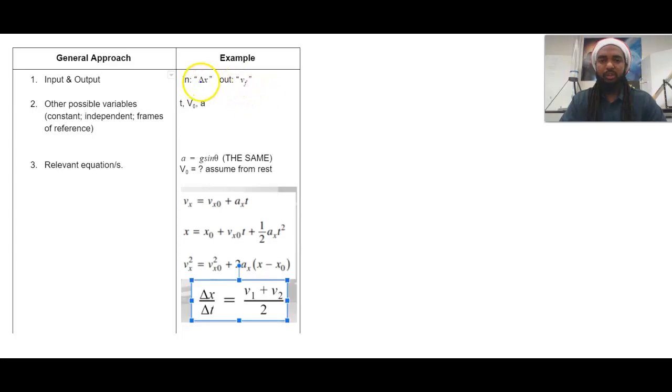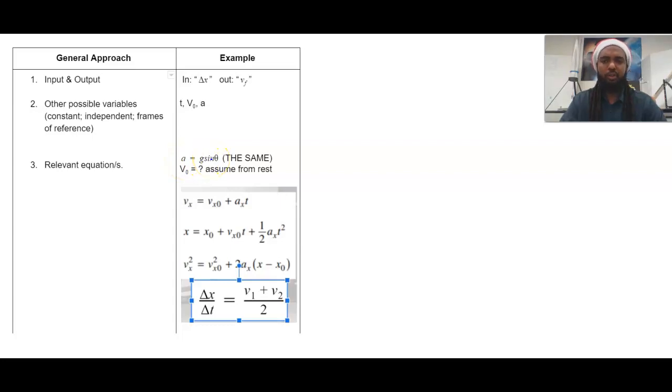So we want VF if we change our delta X. What are the other possible variables? Kinematics, we have 5 variables. The others are these 3. So what are the relevant equations? Well, out of those other variables, what do we know? If it's the same angle, then we should have the same acceleration, because acceleration is based only on the angle.